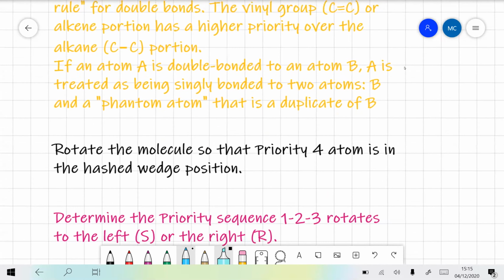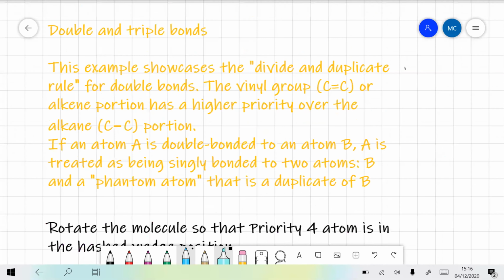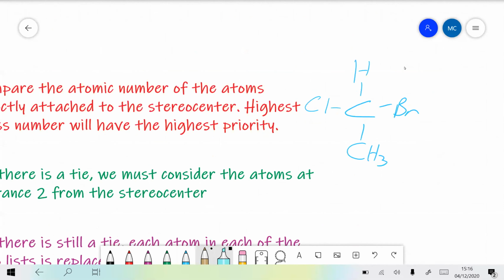Okay? We note that we have 4 different groups. And the priority is going to be given depending on the mass of each atom attached to the carbon. Here you have 4 different atoms, therefore that's 1, 2, 3, 4.